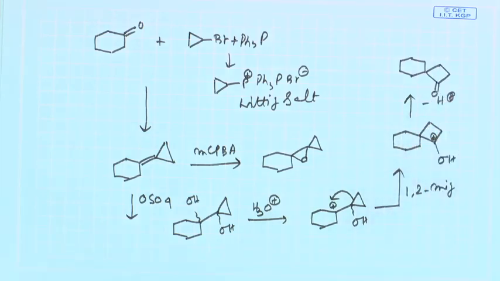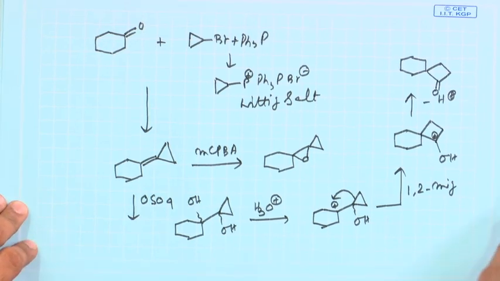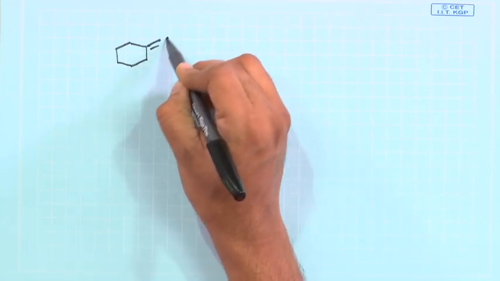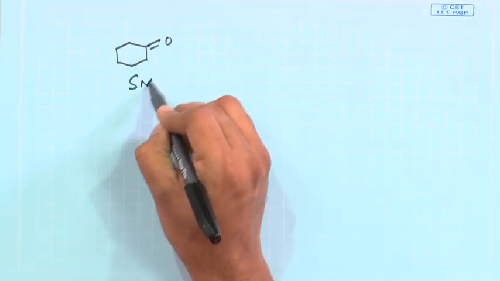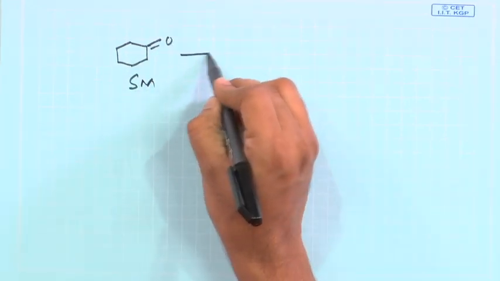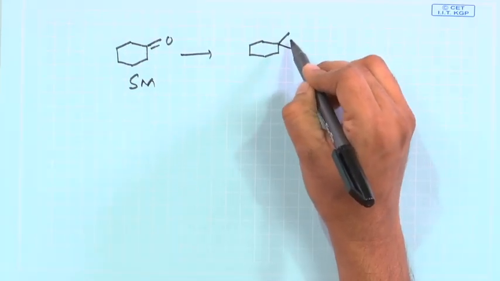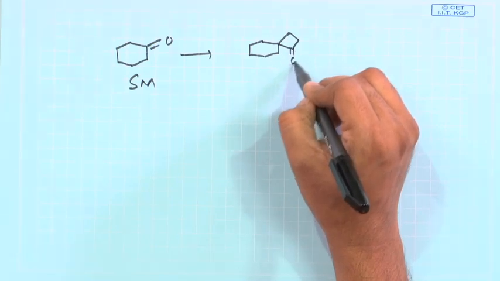So, now you check the entire pathway; there are independent routes we have explained. Just to recapitulate the whole thing: we have the starting material and the desired product, something like this.